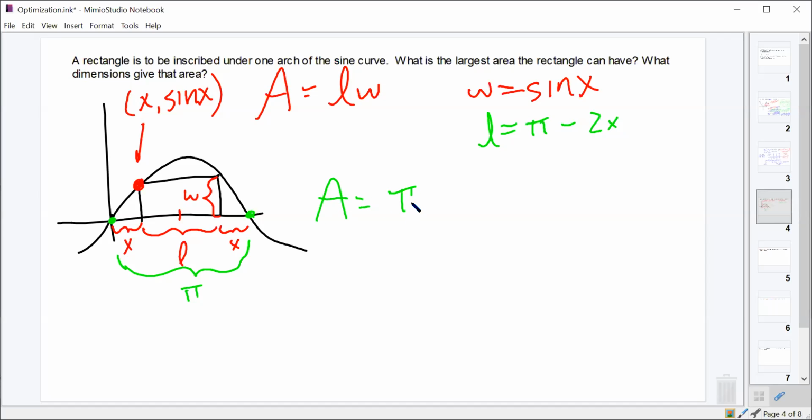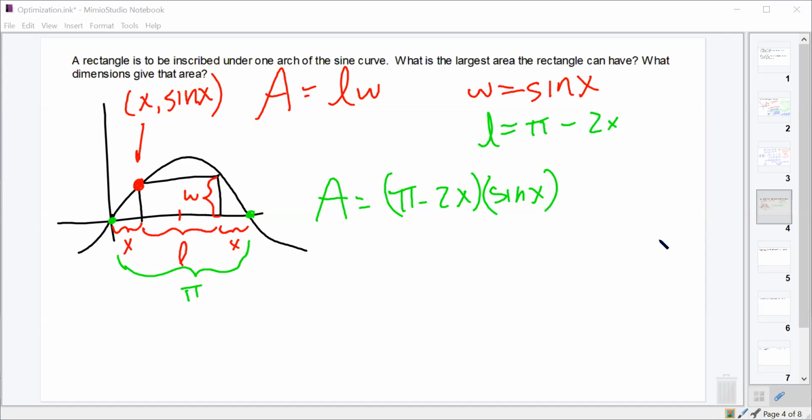So our area function is pi minus 2x times sine x. And we're looking for what x value will maximize that area, right?